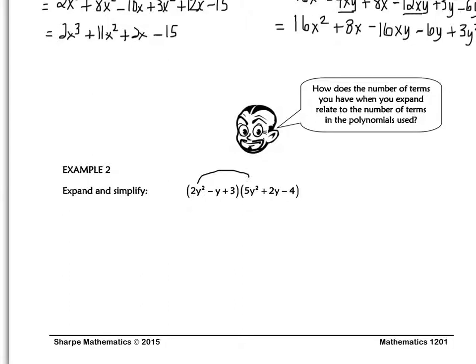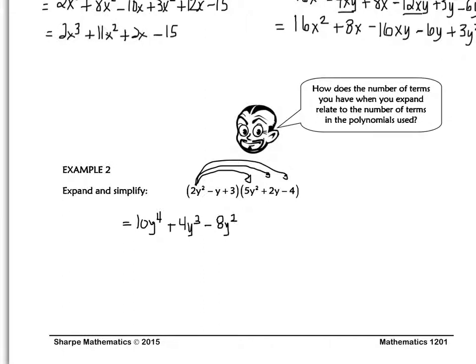So we've got 2y squared times 5y squared is going to give me 10y to the 4. And then we've got 2y squared times 2y is 4y cubed. And then 2y squared times a negative 4 is negative 8y squared.